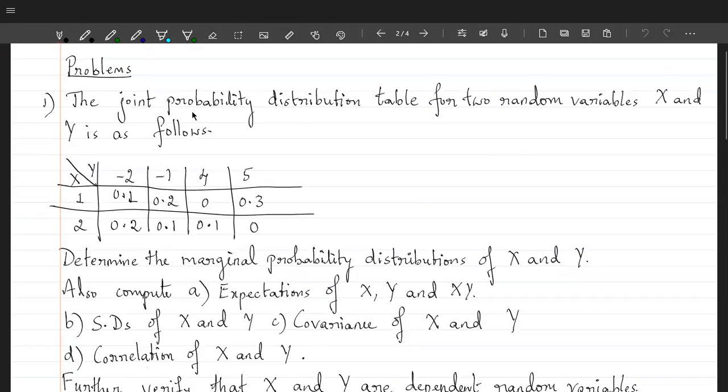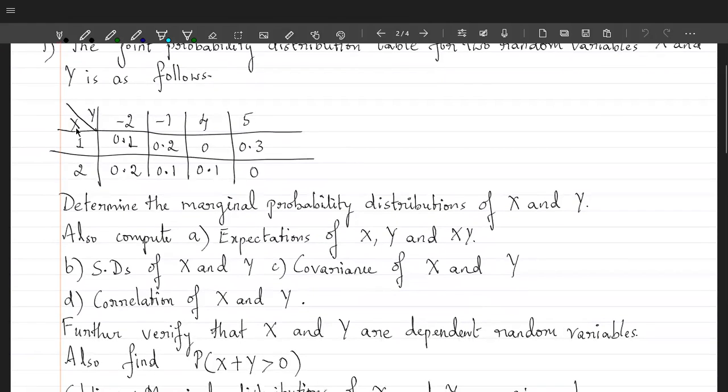First problem. The joint probability distribution table for two random variables X and Y is as follows. X takes the values 1 and 2, and Y takes the values -2, -1, 4, 5. Now some probabilities are listed here. Let's see what these are. (1, -2), and here the value is 0.1.